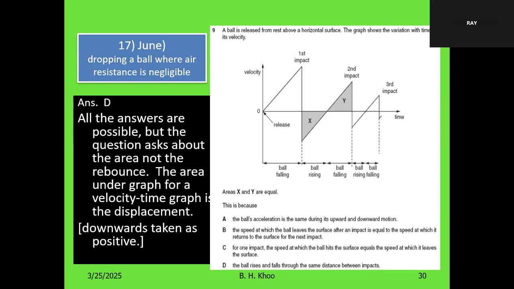Teacher, but this is a vertical component. How can it bounce up and still be the same? This is where it hits the surface and rebounds. This is where it's going up, to maximum height, no air resistance. Then in the reverse direction, it's coming down.